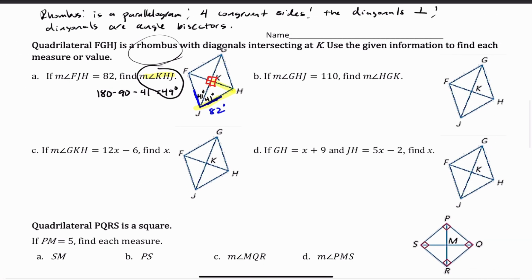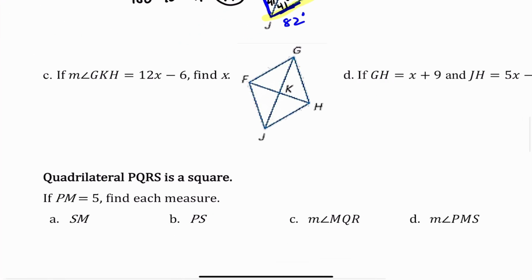Now, I'm not going to go ahead and do B because it's the same thing as A. Let's move on to C. If the measure of angle GKH is 12x minus 6, find the value of x. Well, we know that the diagonals of a rhombus intersect each other at 90 degrees. They're perpendicular to each other. So we're going to go ahead and give this a little box.